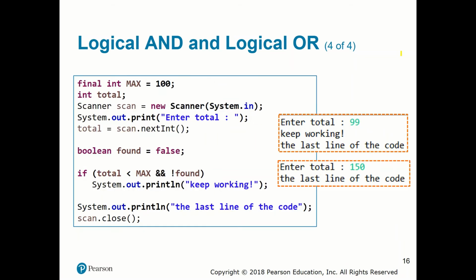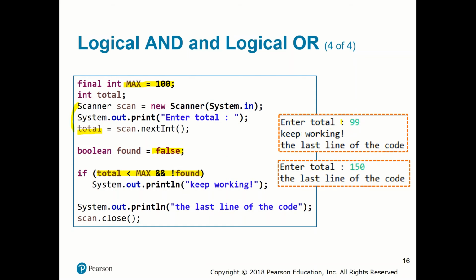Take a look at one more example. Max is a constant value 100, and using Scanner, the compiler reads one integer and stores it in total. And the Boolean variable found is false. We need to evaluate this expression: total is less than max. It depends on total.